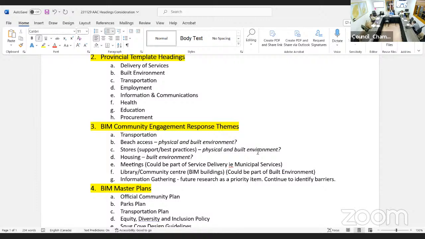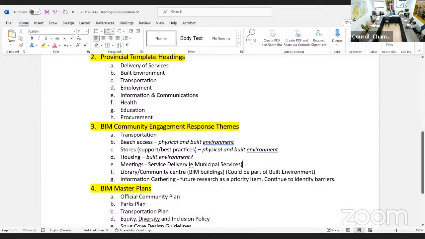So I think there are different ways we could slice this. We could have a bunch of items which refer to things that are directly under the municipality's control, and then shadow items that are also built environment but not the municipality's property, like stores or other property where they could do advocacy even though they don't control it.